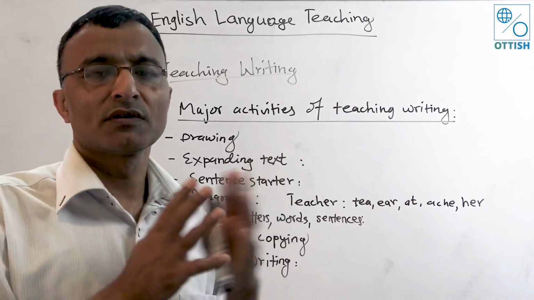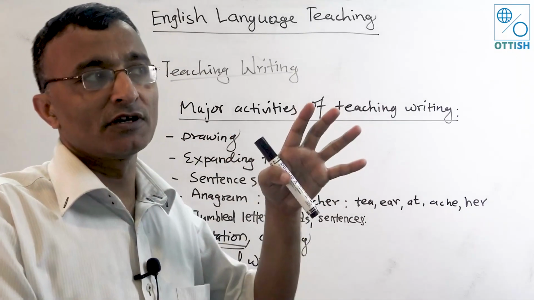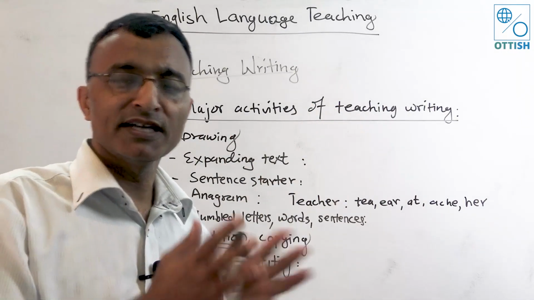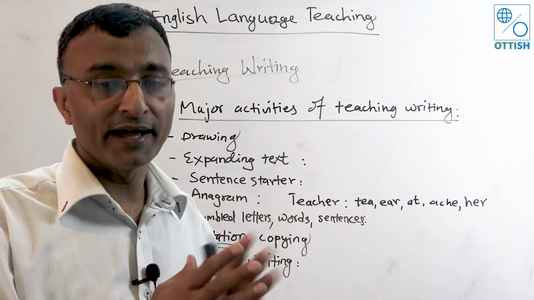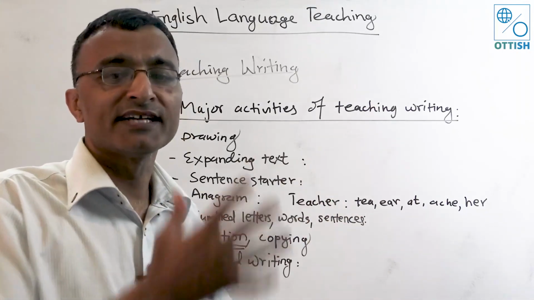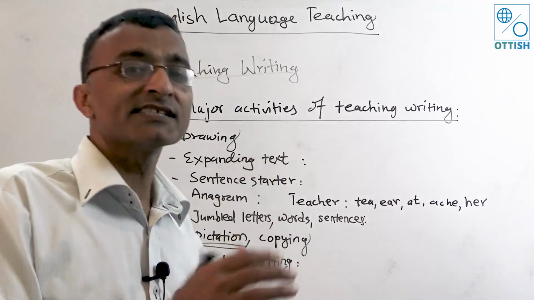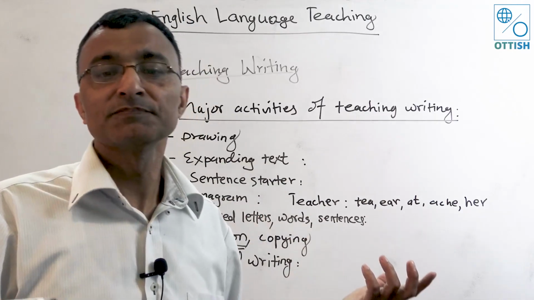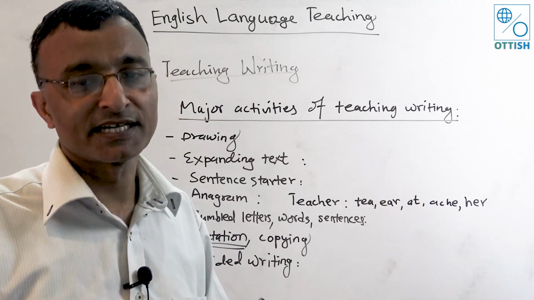Arranging items: the sentences are given in haphazard order, and they are asked to write them in correct order so that it makes a story, for example. This is also a kind of guided writing.